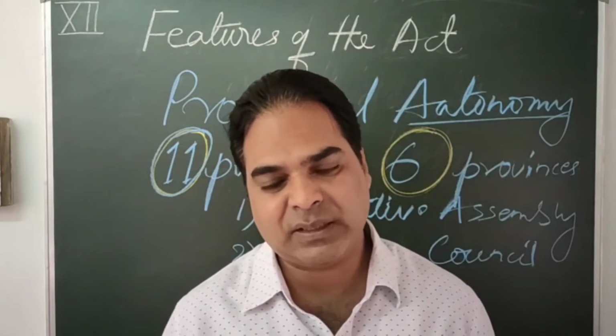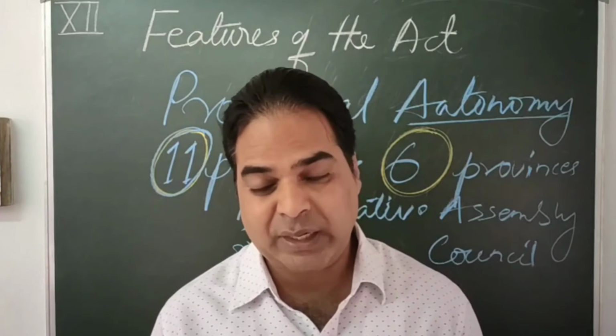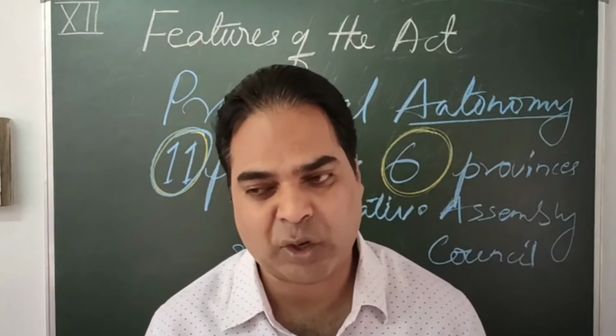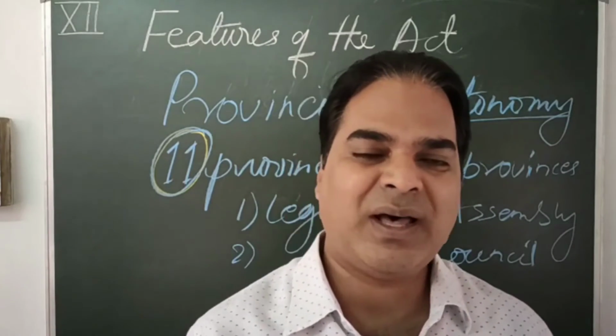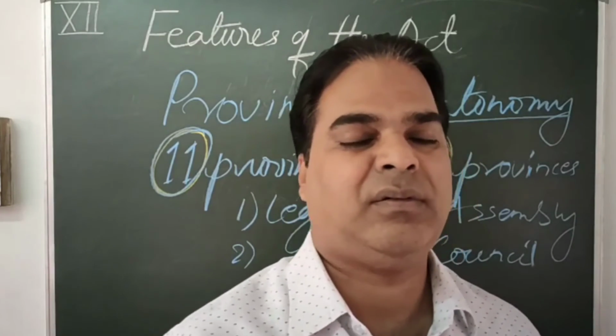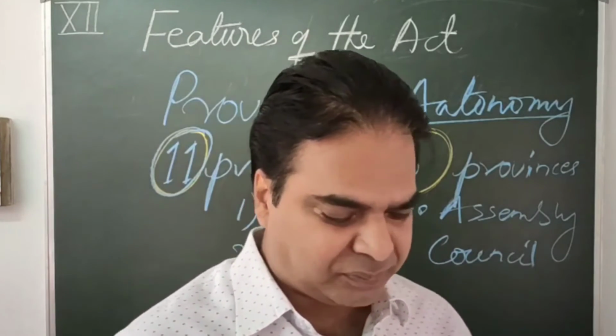There was no control over them. So these two were autonomy. That is why it is called provincial autonomy. For the first time, in 1935, provincial autonomy was given to the provinces.